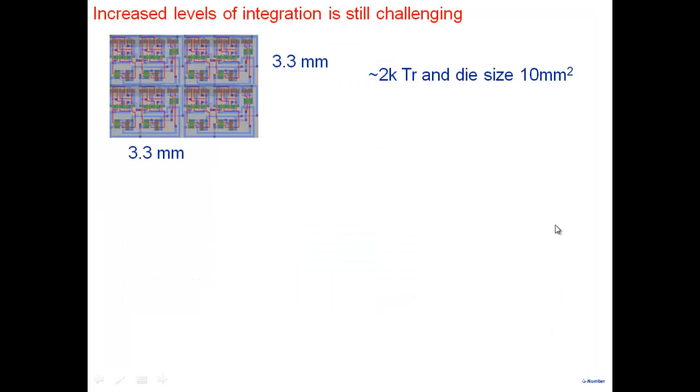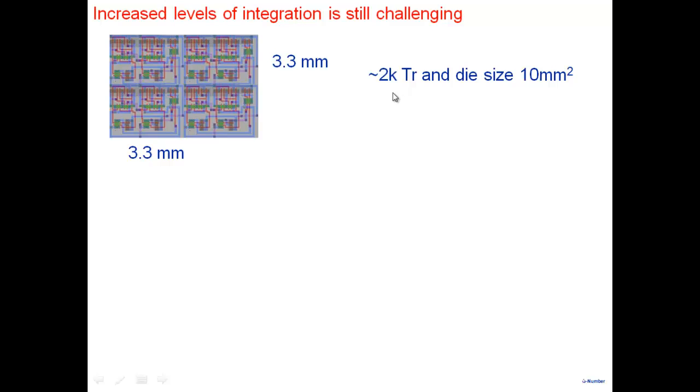All right. Now, the problem is not solved as yet. Increasing the level of integration is still a challenge. I just showed you that you can make all the transistors and interconnects, and therefore you can integrate a large number of transistors. But the problem is not solved, so let's look at that. This is roughly the example of the Intel 4004, the first microprocessor.